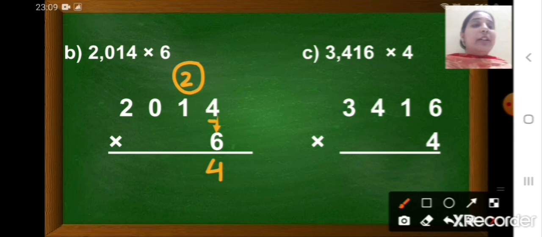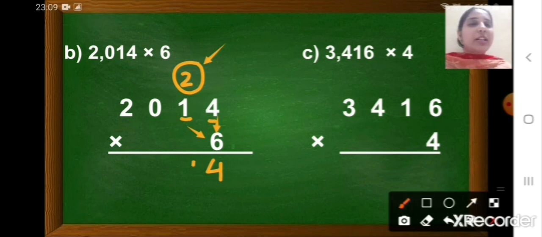Now we will multiply the digit at the tens place. And what is the digit at the tens place? 1. That will be multiplied by 6 now. 1 6s or 6 1s are 6 plus this carried over digit, 2. So 6 plus 2, what will we write, children?